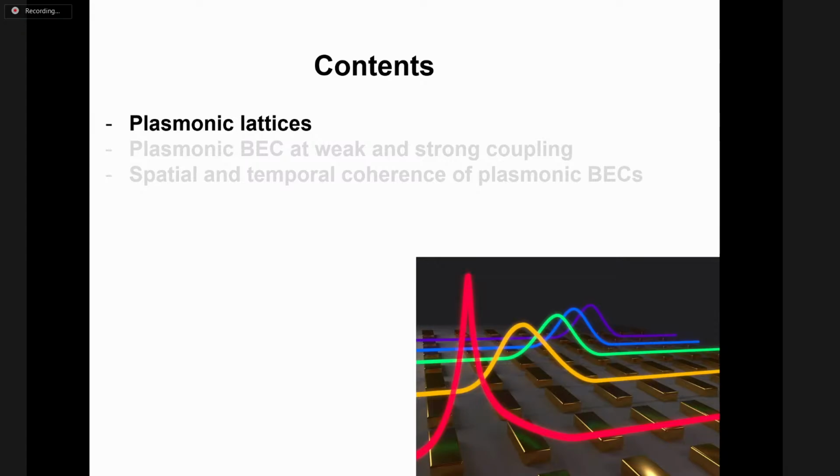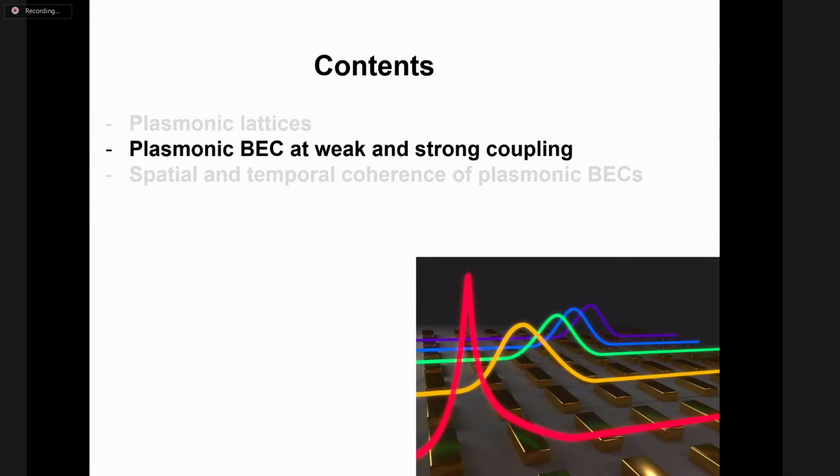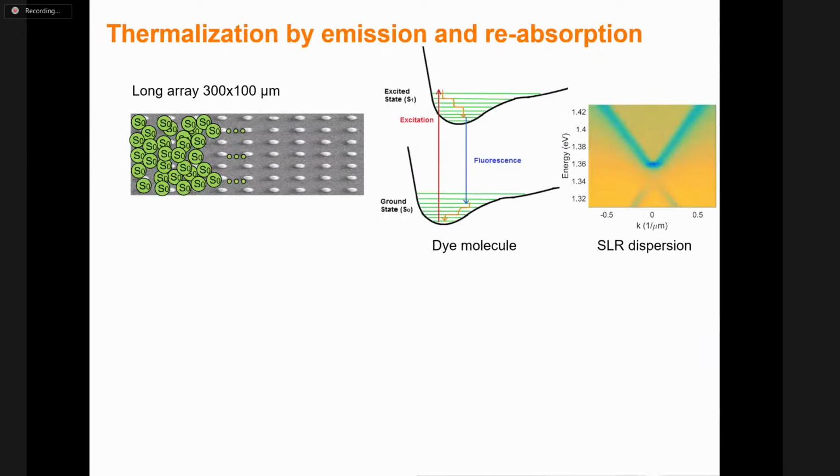in Törmä's group. The thermalization mechanism in the weakly coupled plasmonic lattice is very similar to that described by Professor Weitz with the dye-filled microcavities. In our case, we don't have mirrors that form a microcavity, but the array acts a bit like the mirrors, like an in-plane cavity that provides the feedback.